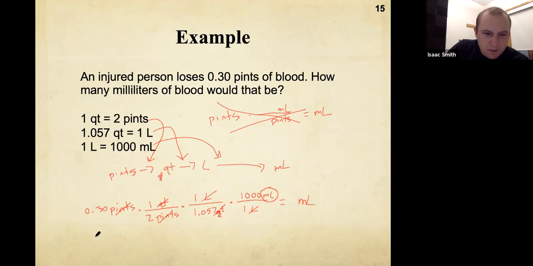So in your calculator, what you would enter is 0.3 times 1,000. That would give you 300. Then you would divide that by 2 times 1.057.